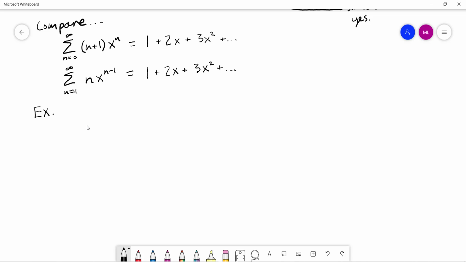I want to basically evaluate the integral of x over 1 minus x to the 8th power dx. And I want to do it as a power series.